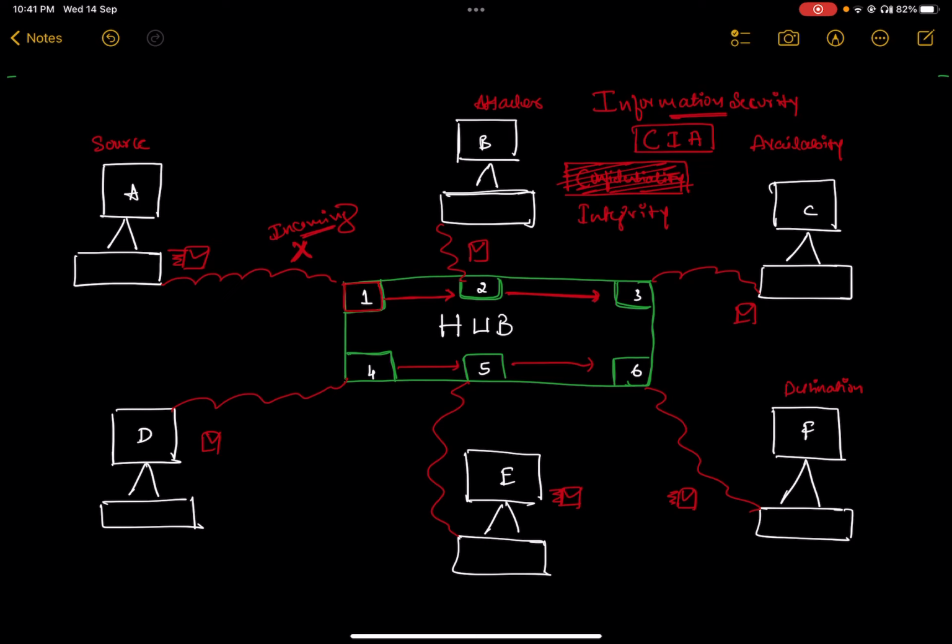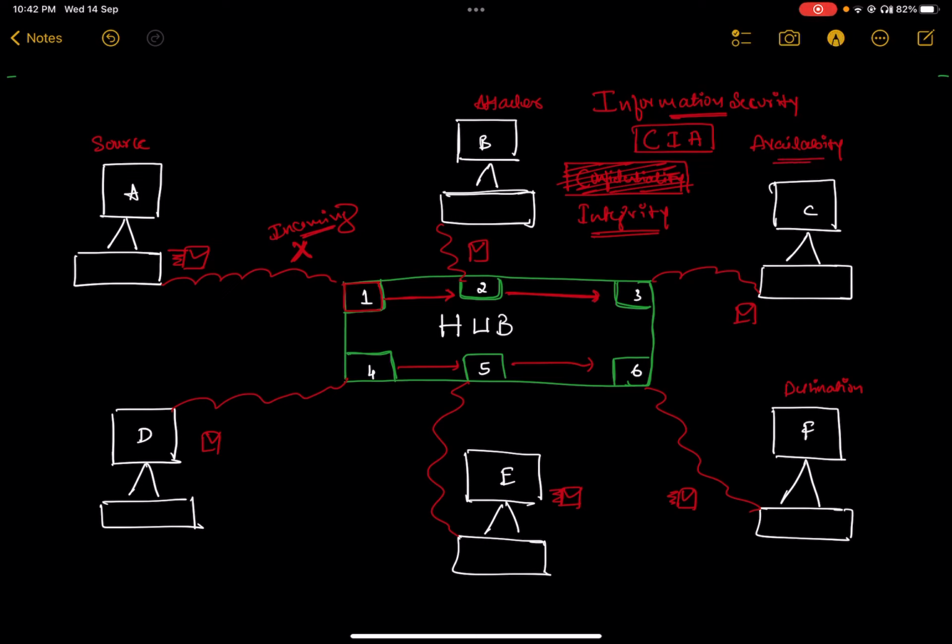As I mentioned, the packet would come to the hub, and the attacker immediately sees that packet, changes it, and then sends it, right? Again, the hub broadcasts the packet, and that modified packet is received by the destination. So in this case, what principle is being violated? Integrity. The integrity of the original message is impacted, right?